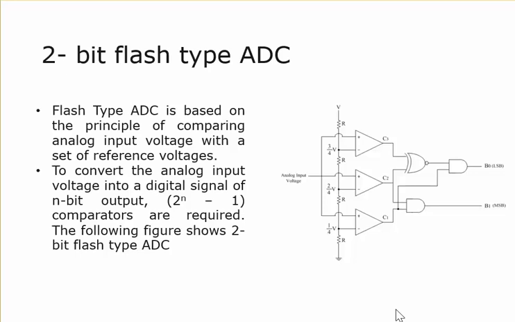So when an analog input voltage is less than this 1 by 4 V, the voltage at the non-inverting terminals of the 3 comparators is less than their respective inverting input voltages.